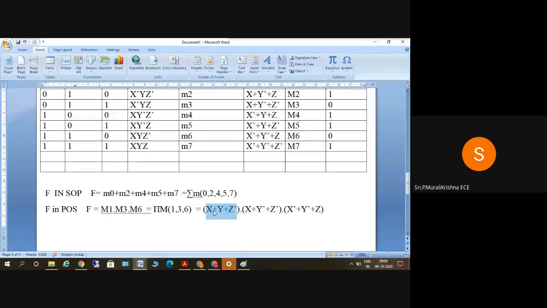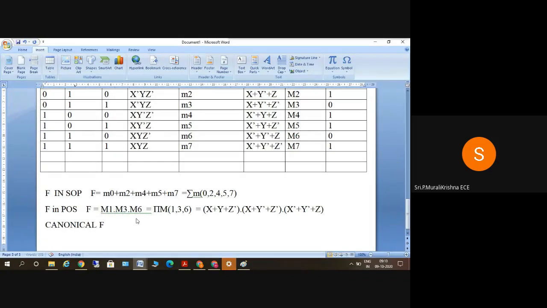Here I have x, y, z, and here also I have x, y, z, each and every combination. So in canonical forms each and every input variable is covered. It's not a minimized one. It consists of all the input variables in normal form or the complement form. So that is called a canonical form.